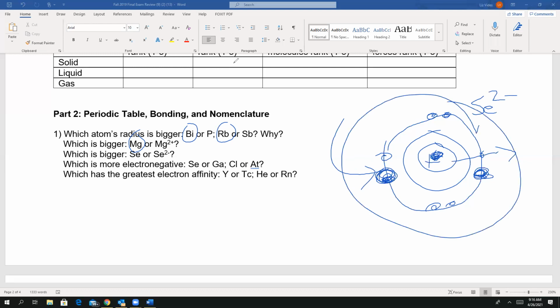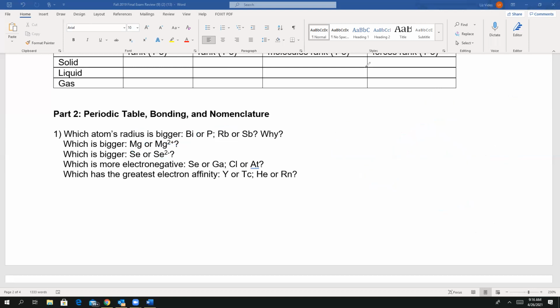Okay, selenide ion expands. So the answer here is this one. Okay, let's clear that. All right, so once again, I can just redo these.